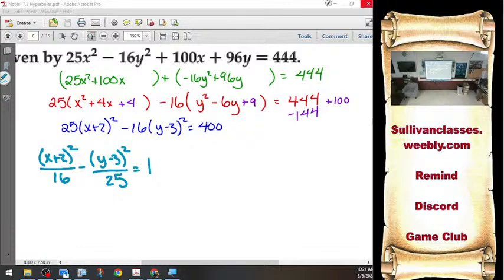What's the slope of my asymptotes? 5/4. Which is it? 5/4. Y's over X's. Rise over run. 5/4.